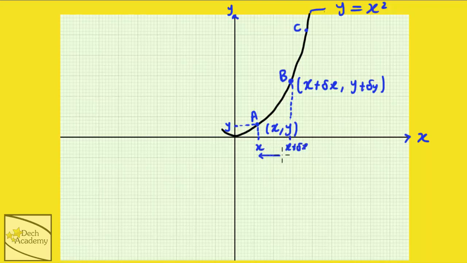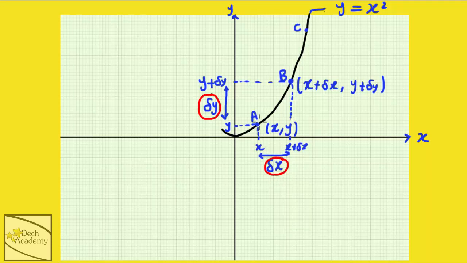As I move from A to B, the x coordinate changes from x to x plus delta x, so the change is delta x. As I move from A to B, the new y coordinate is y plus delta y. So as I move from y to y plus delta y, the change in the y coordinate is delta y. I'll just circle these. So that's if I move from point A to B.